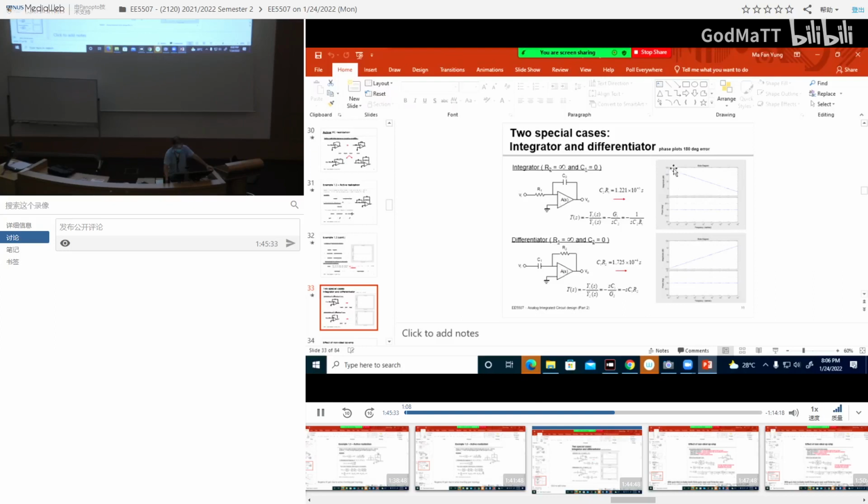Integrator frequency response is coming down, because it's 1 over S. As frequency becomes bigger, S becomes bigger, so it's dropping. Differentiator is opposite. It's times S, so as frequency becomes bigger, the magnitude is becoming bigger.